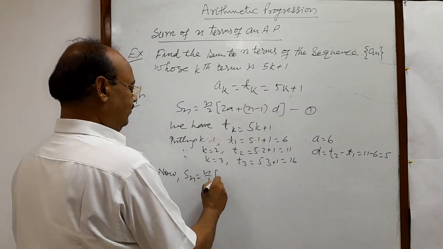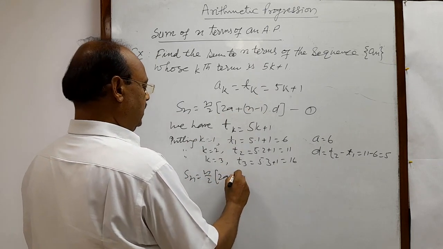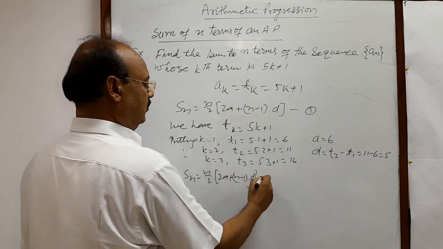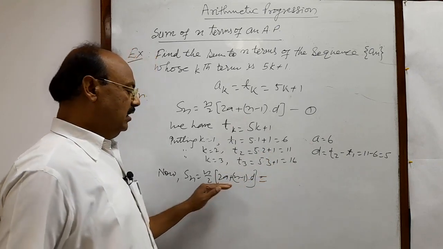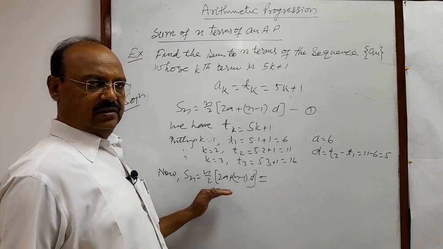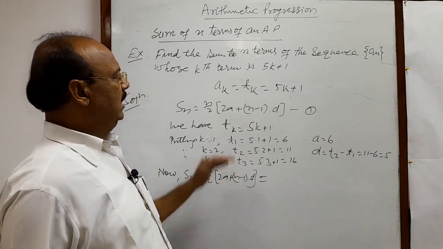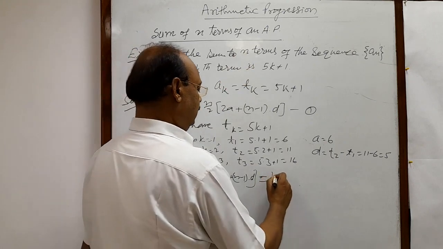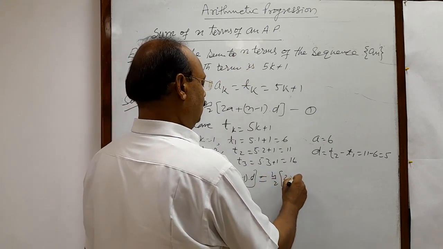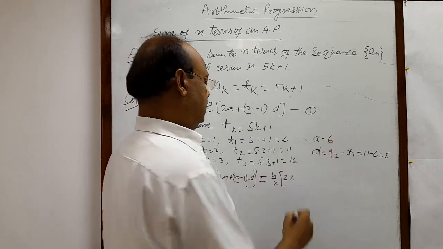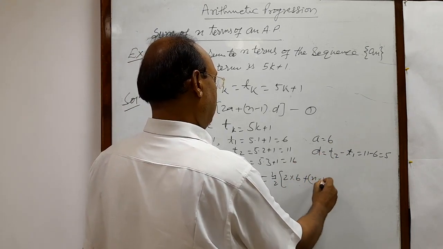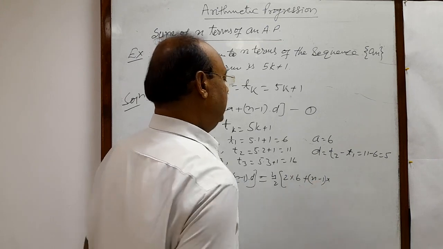Sn is equal to n by 2, 2a plus n minus 1 into d. As we have discussed, n will remain in the answer also, because the value of n is not given. So this is equal to n by 2, 2a, where a means 6, plus n minus 1 into d.